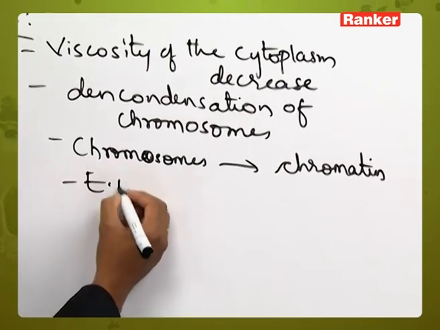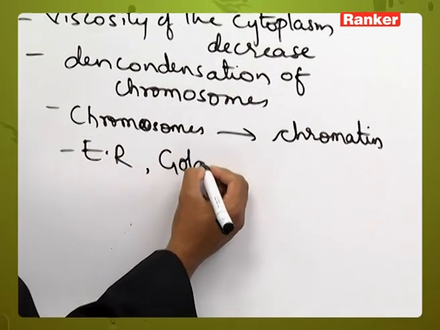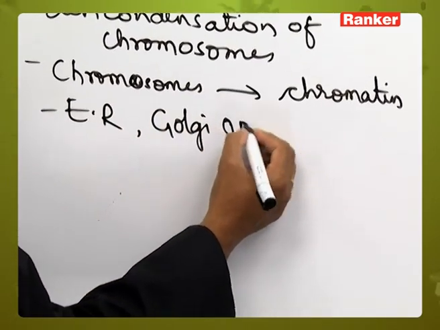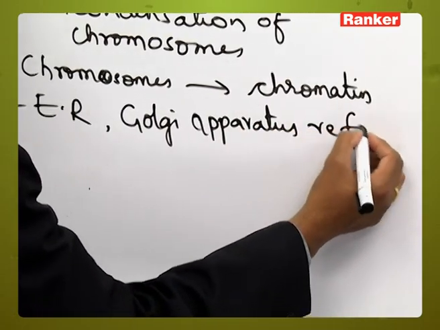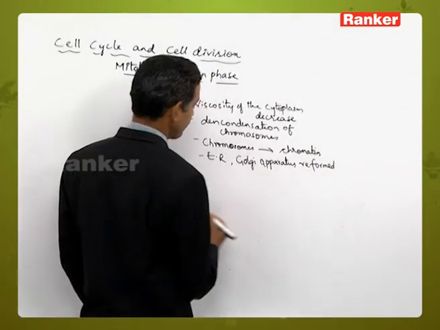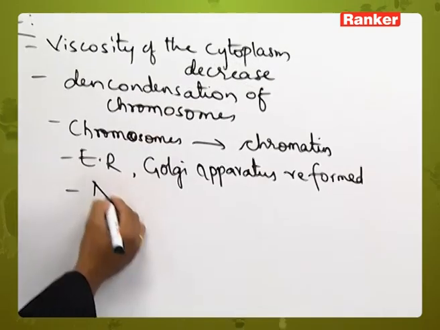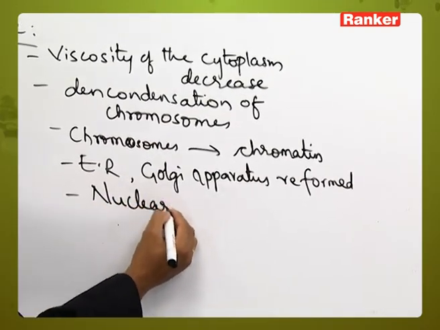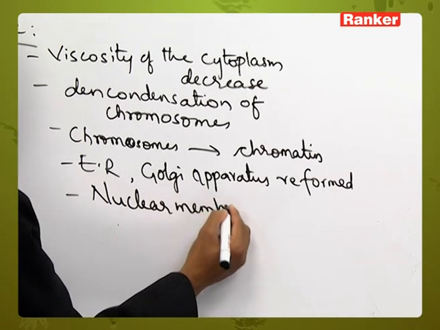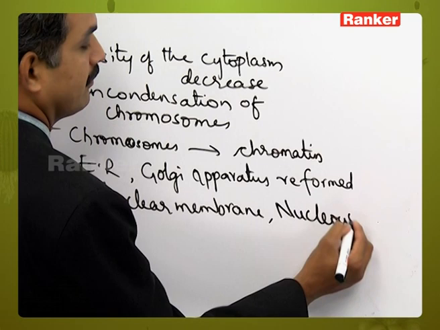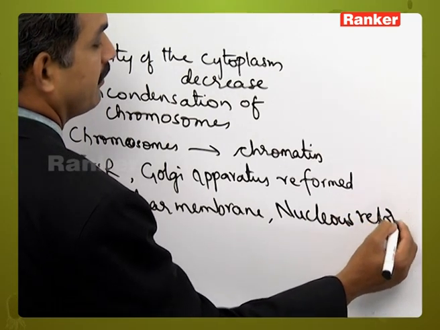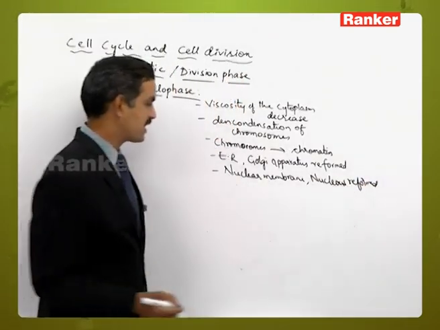The endoplasmic reticulum and Golgi apparatus have both been reformed. Then the nuclear membrane and the nucleolus are reformed. How is the nucleolus formed?